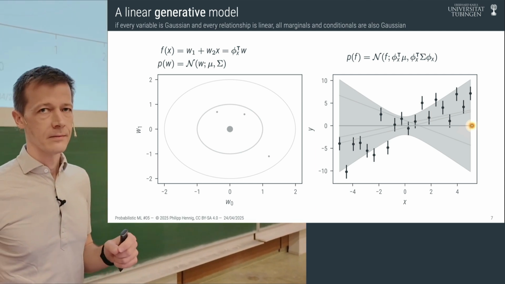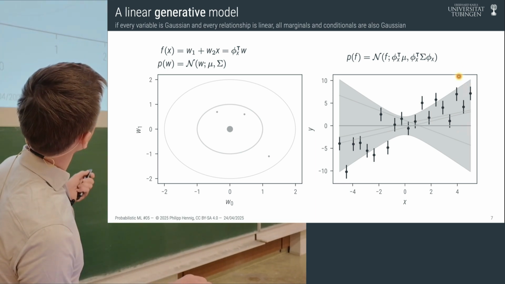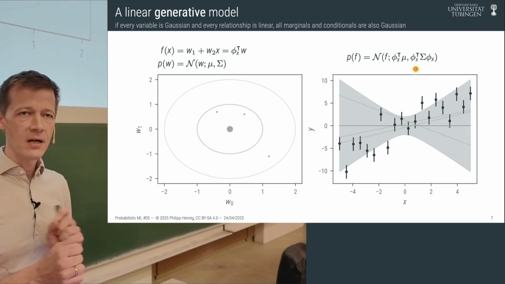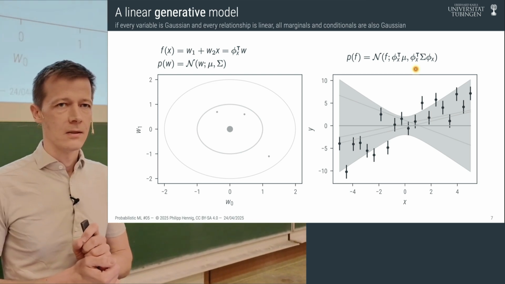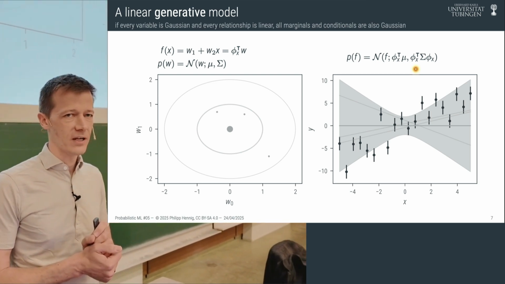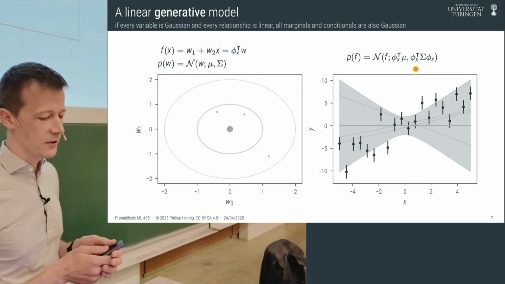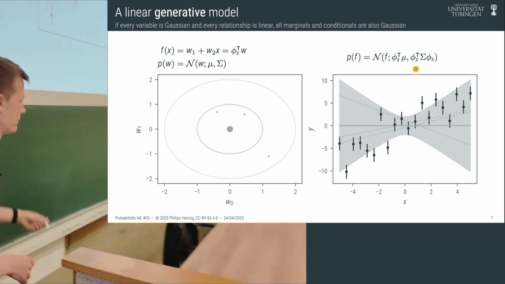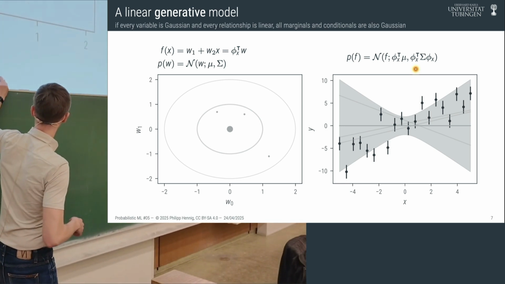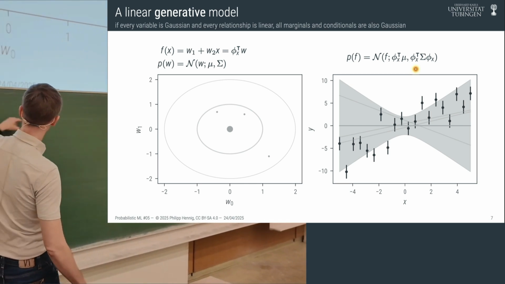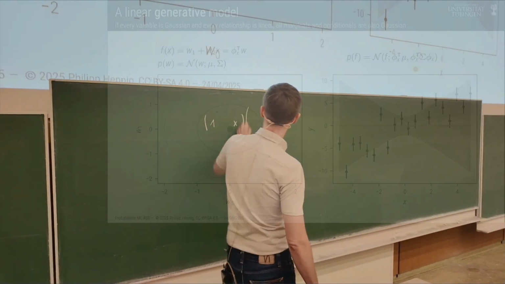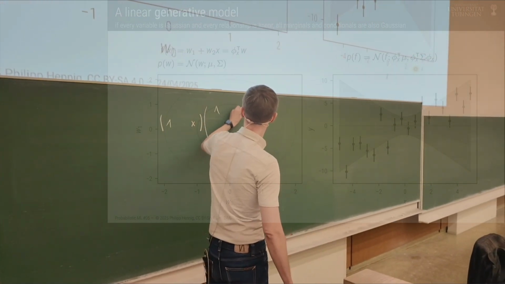And then I'm computing phi x transpose sigma phi x for this feature function phi x. So remember, the feature function is just x and 1. So we're going to multiply from the left the function 1, x onto this covariance matrix.